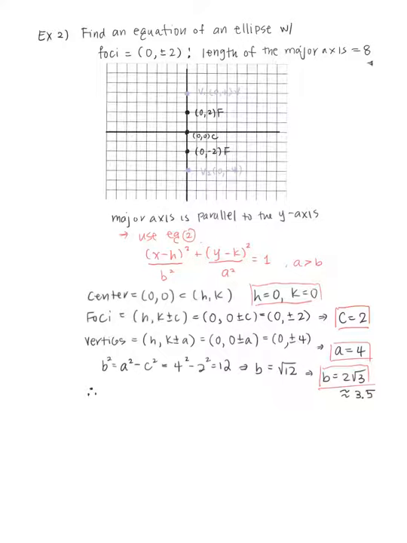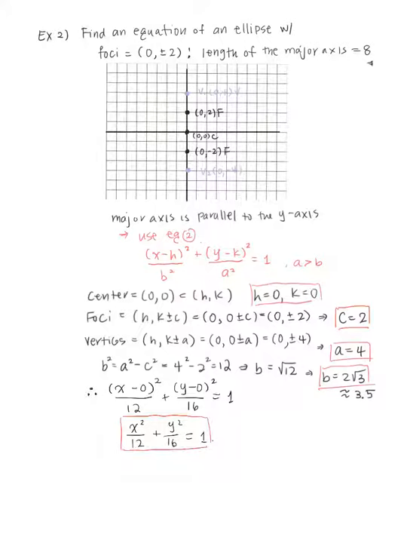So therefore, our equation is going to be (x − 0)² over 12, plus (y − 0)² over 16, equals 1. Clean it up. Alright, so this is going to be our equation for the ellipse.